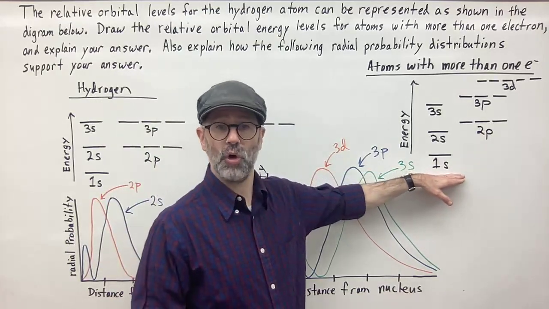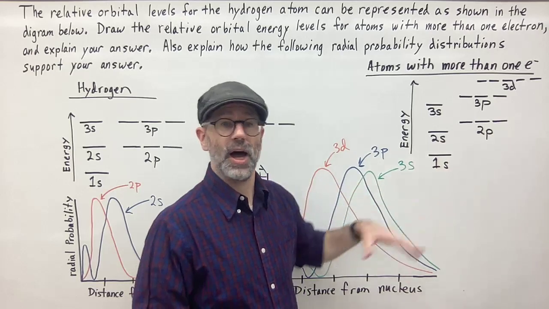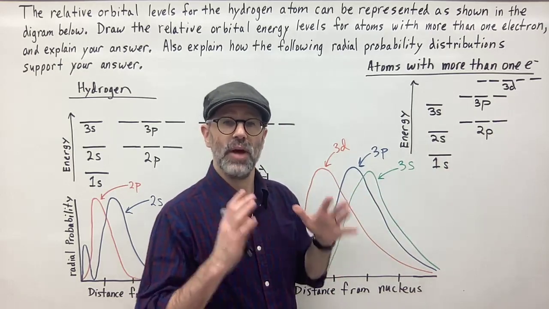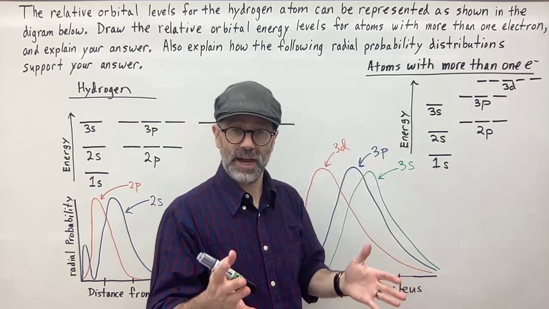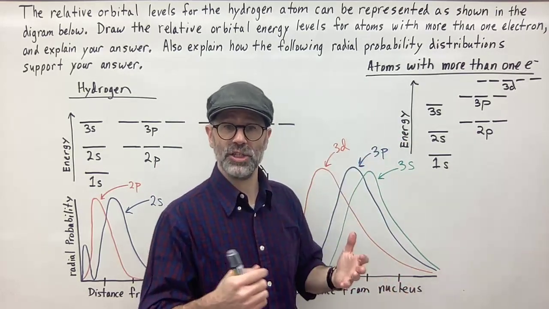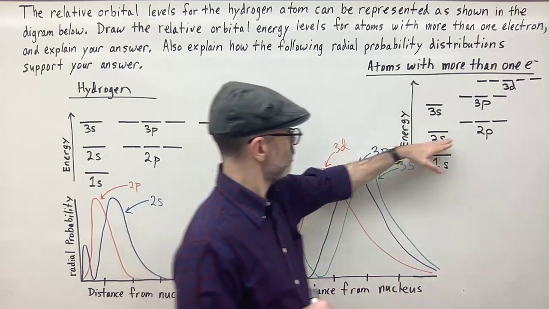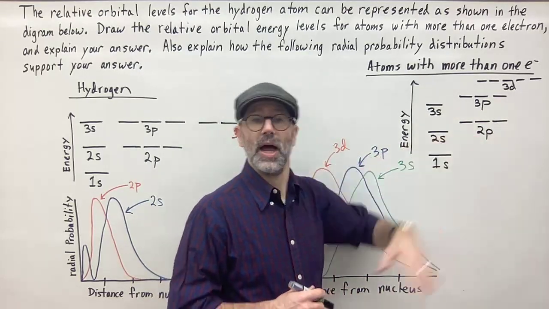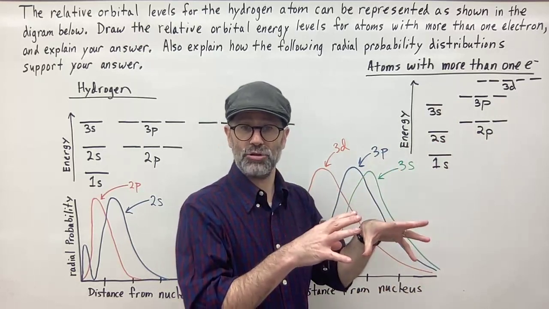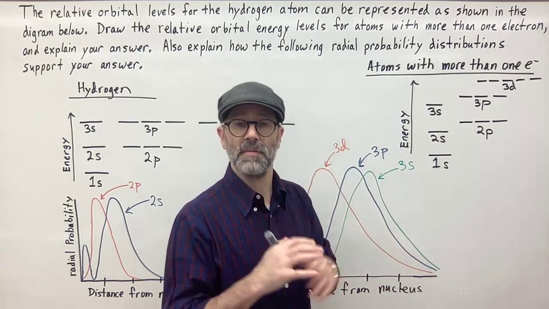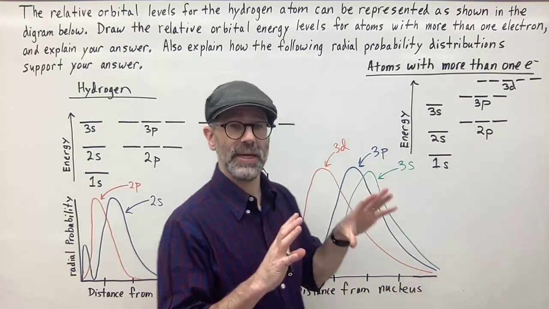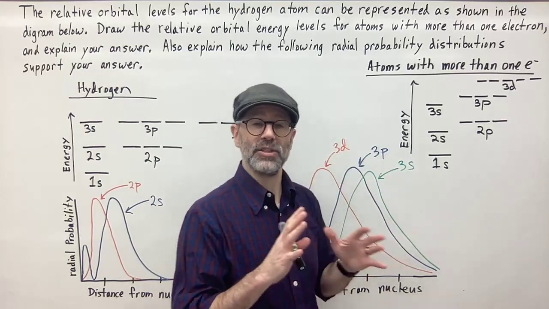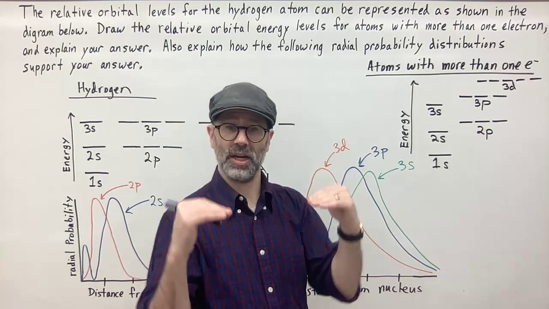And this is also going to be due to some penetration going on here, right? So you have the shielding effect, but you also have penetration by different energy levels. Different orbitals or different sublevels are able to penetrate closer to the nucleus than others. And depending on how closely you're able to get to the nucleus, that's going to cause a lowering of the energy level.